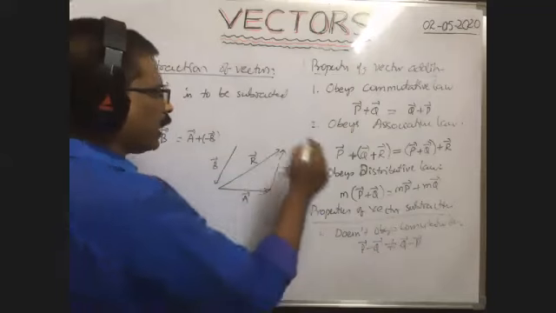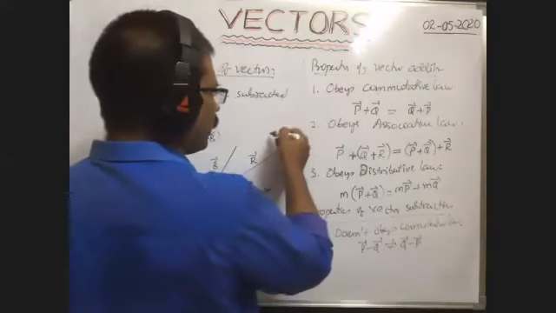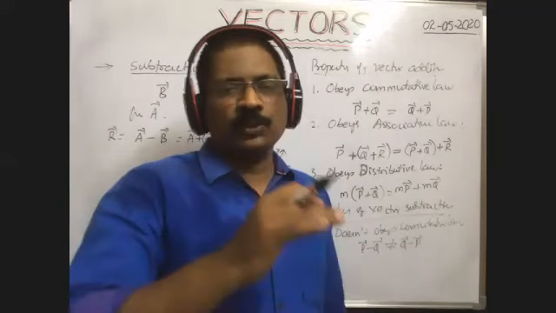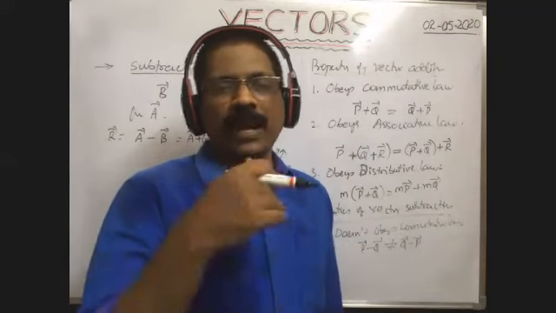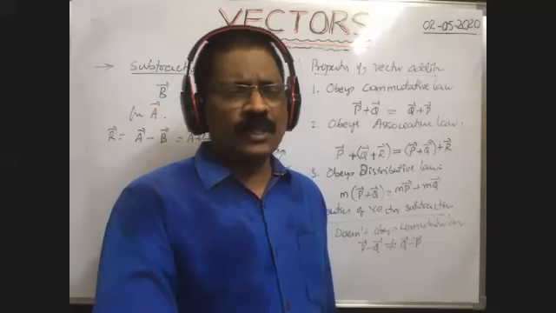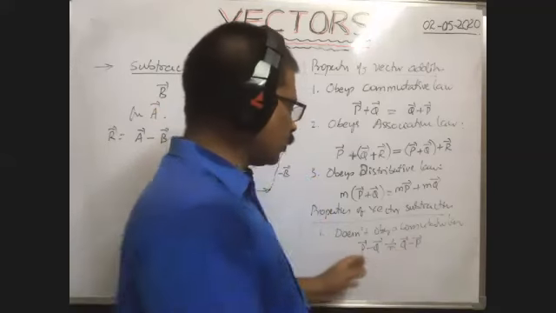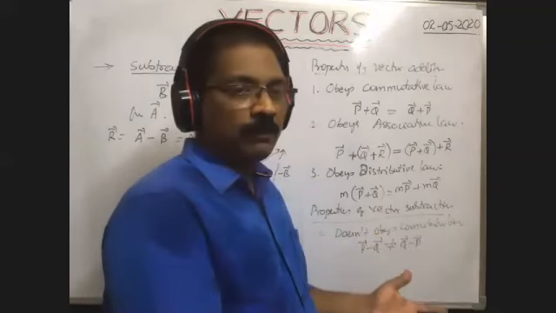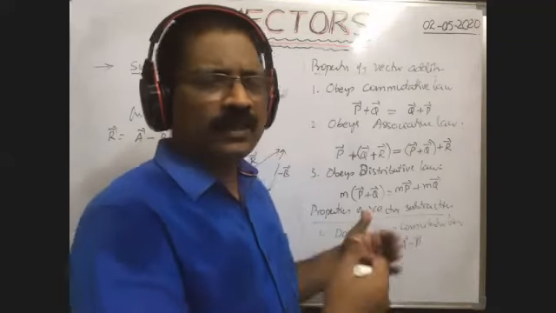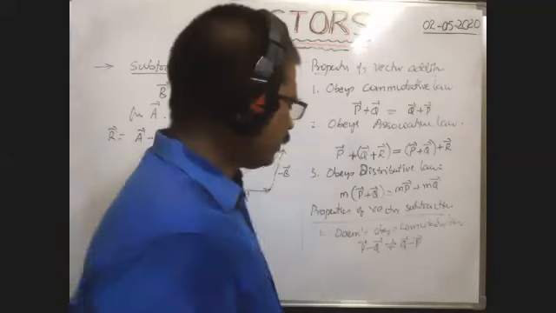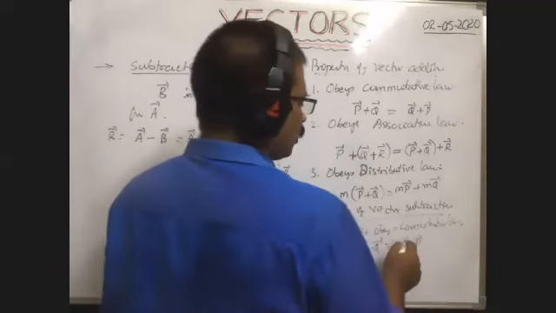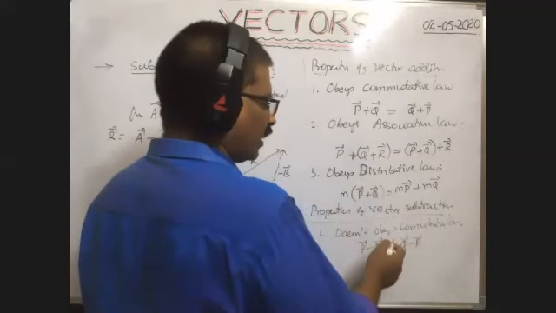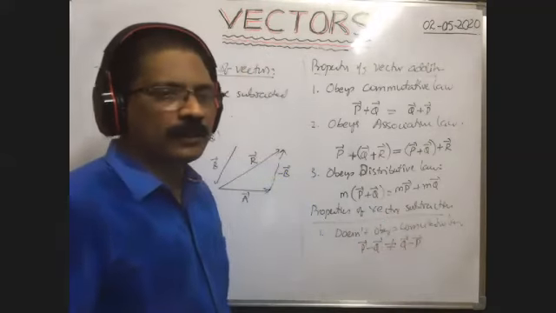If P bar minus Q bar is, suppose, in this direction, Q bar minus P bar is in the opposite direction. So how are they equal? Two vectors are said to be equal when their magnitudes are the same and directions are also the same. Here magnitudes are the same, no doubt, but directions are opposite. That's why we cannot say they are equal. Therefore P bar minus Q bar and Q bar minus P bar are not equal, and so it does not obey commutative law. If they were equal, we could say it obeys the commutative law.